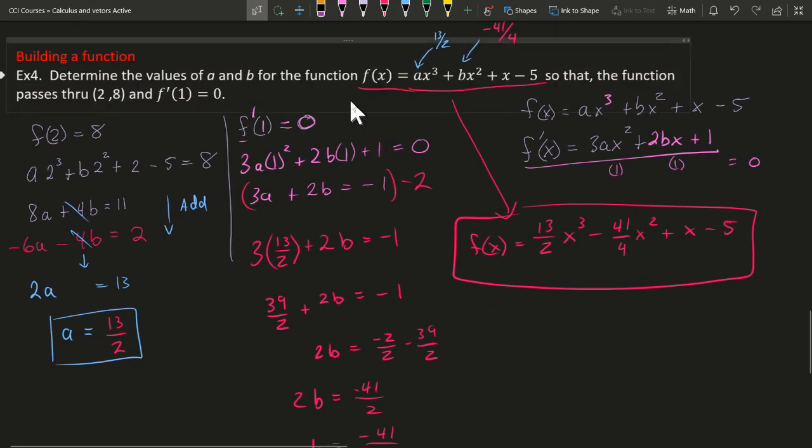And like I said, if you find like you're having trouble, you can actually make these up. Just make up a function where you make up a random third degree polynomial, leave out 2 of the letters as being unknown values, have it choose a point that you want it to go through, and then choose a location for its derivative to be a certain value, and then try and figure it all out.